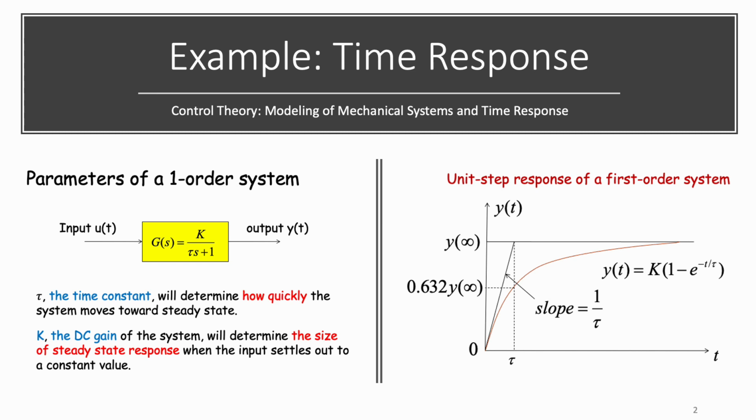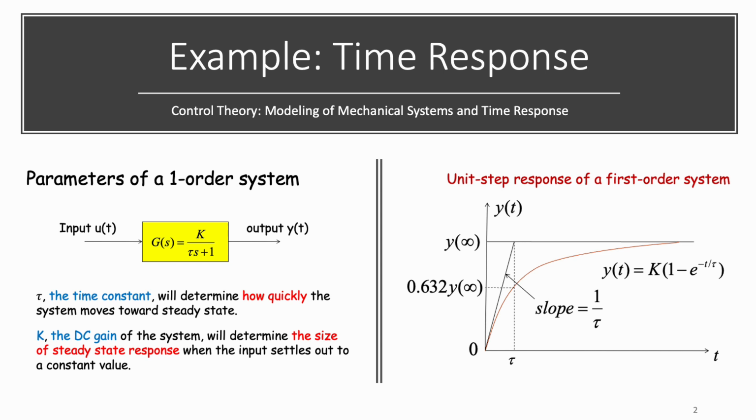If this is your case, then we can find the unknowns of the first order system, which are k and tau. Here k will be the final value, y infinity. You can directly read it for a unit step response. Again, if this was 2 times a unit step, then you have to divide the final value by 2.